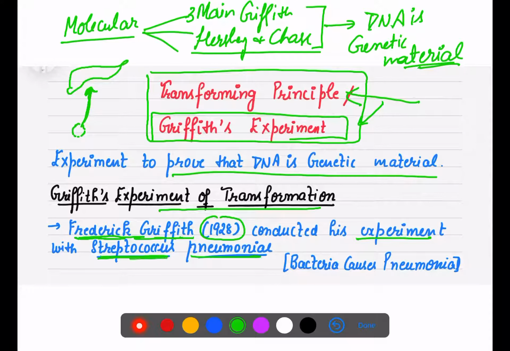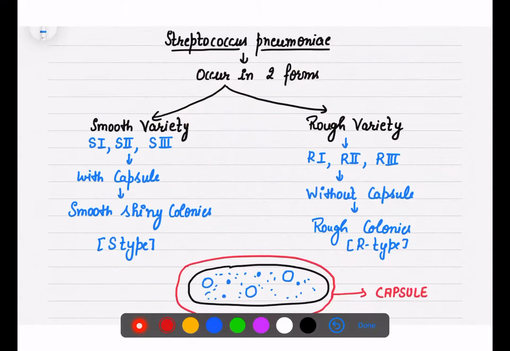What is Streptococcus pneumoniae? It is a bacteria which causes pneumonia, right? Basically, that bacteria which causes pneumonia is known as Streptococcus pneumoniae. Clear? So that experiment was on the bacteria Streptococcus pneumoniae.